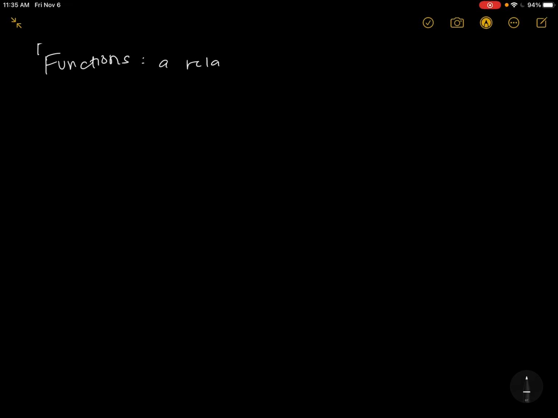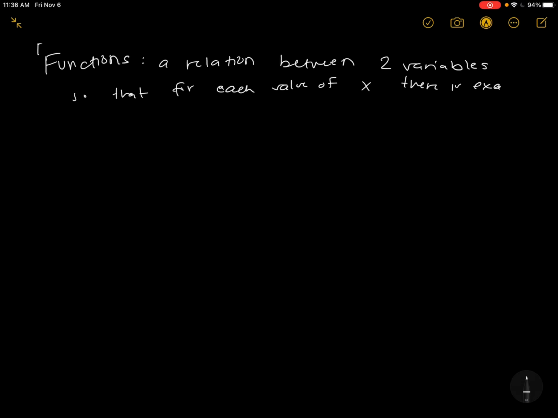So a function is a relation between two variables, so that for each value of x, or well, it could be any variable, but we're going to stick mainly with x and y, there is exactly one value of the other. So typically it would be y, x and y.